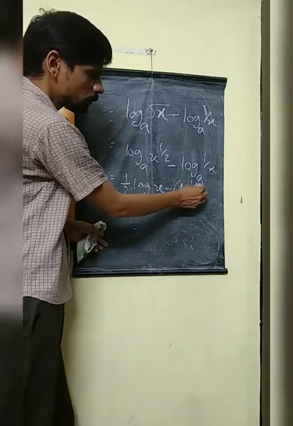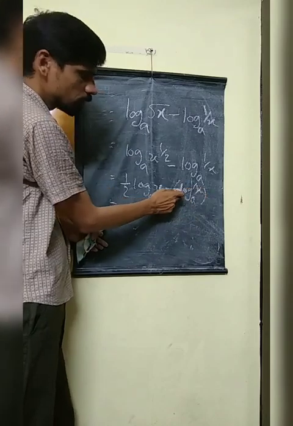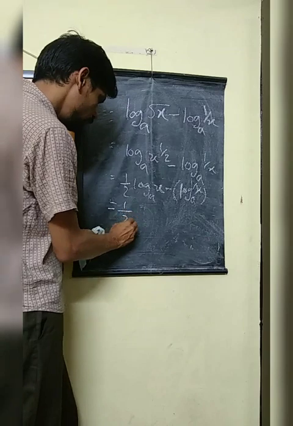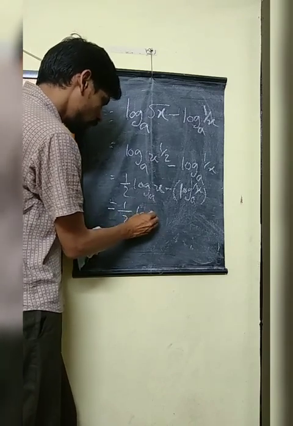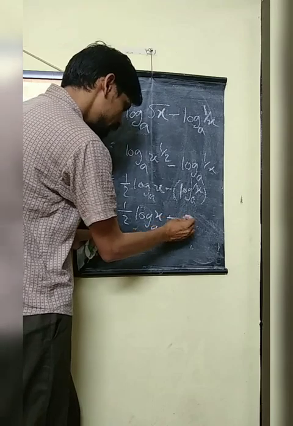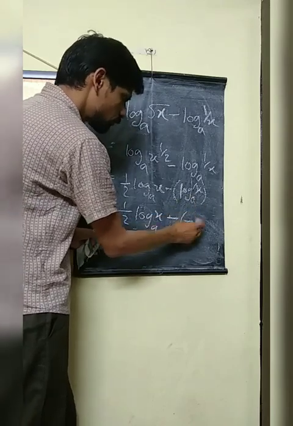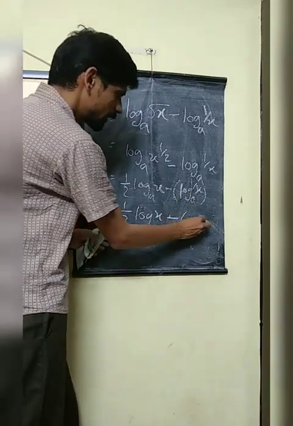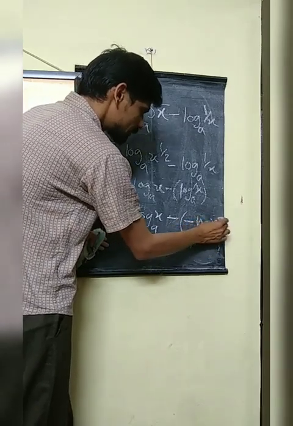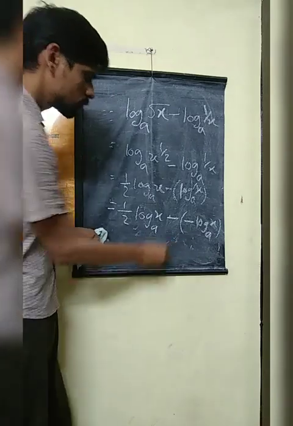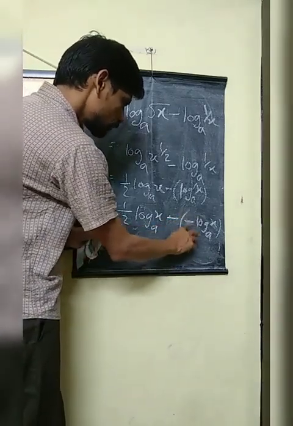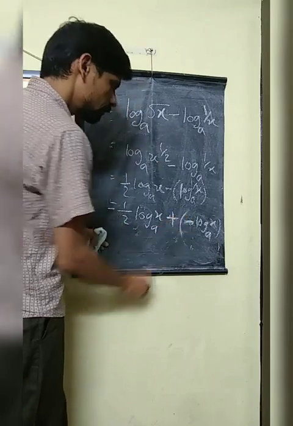That means to make 1 by x into x, we simply need to place minus here. So this can be translated as minus log a x. Now 1 by x is gone, so minus minus becomes plus.